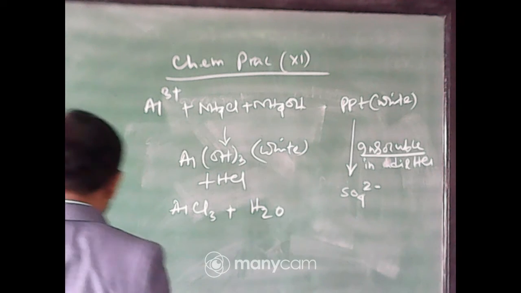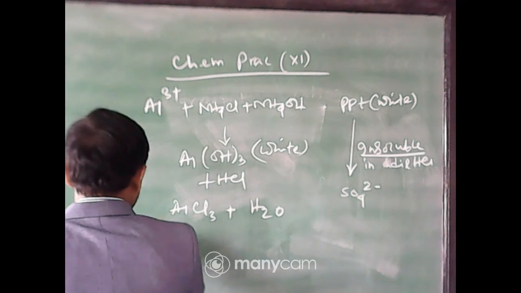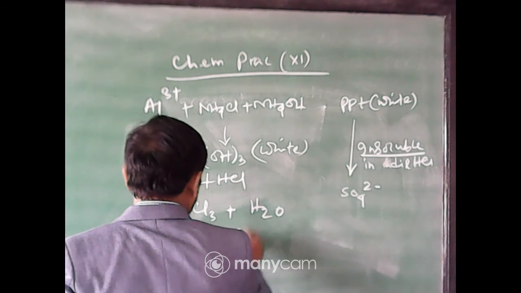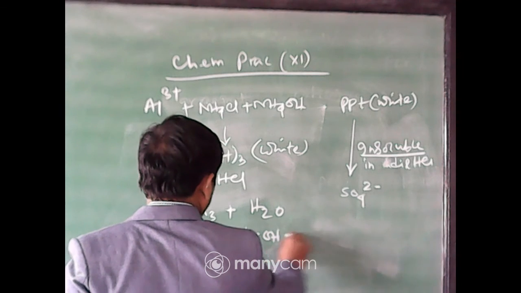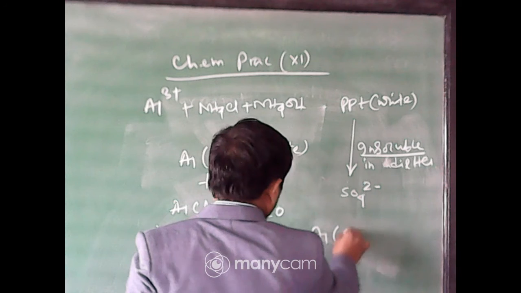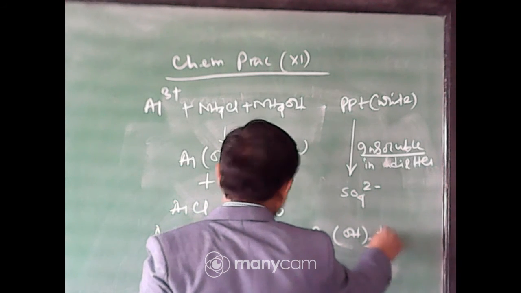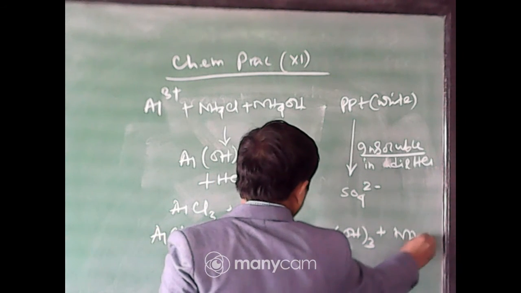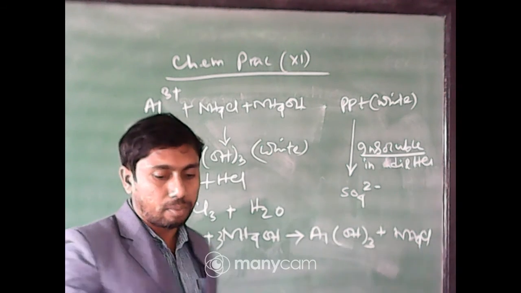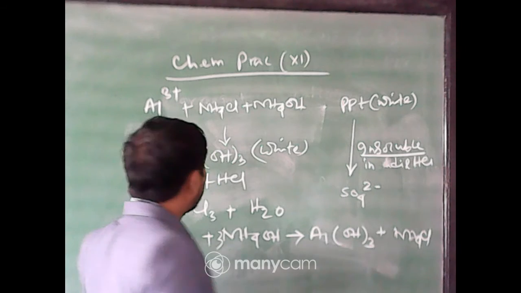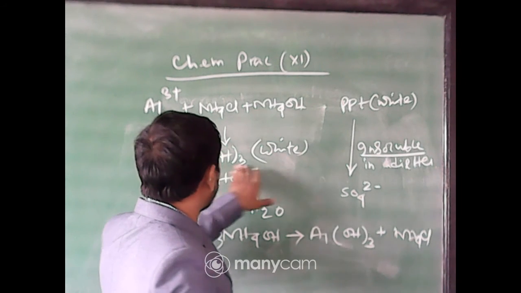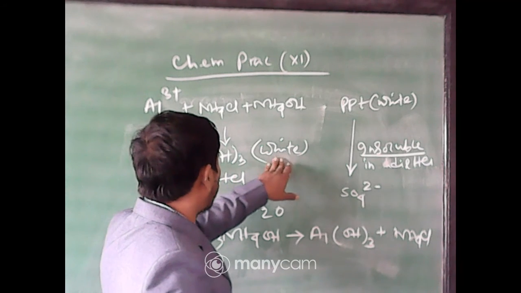Now, AlCl3 plus NH4OH, it will again produce Al(OH)3 plus NH4Cl. Okay. These are the reactions involved in this test. So, we have taken aluminium, then NH4Cl, NH4OH, it will precipitate aluminium hydroxide, which is white in color.